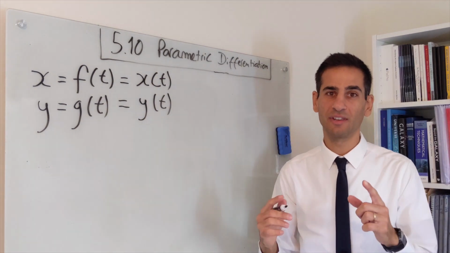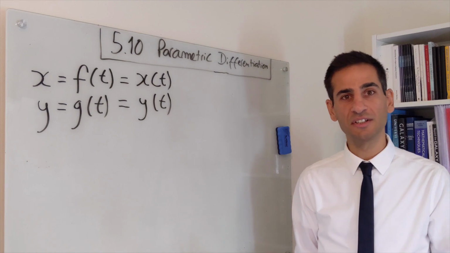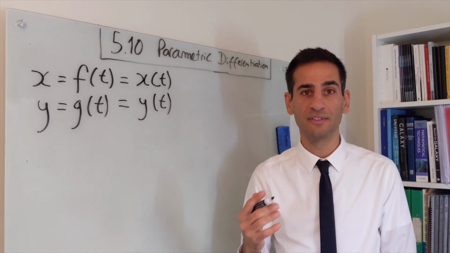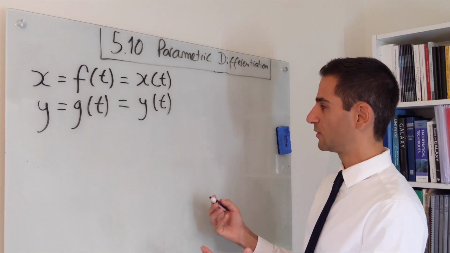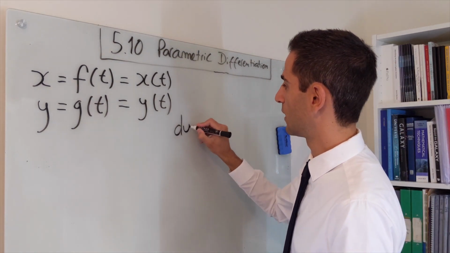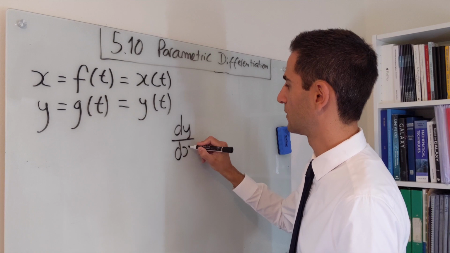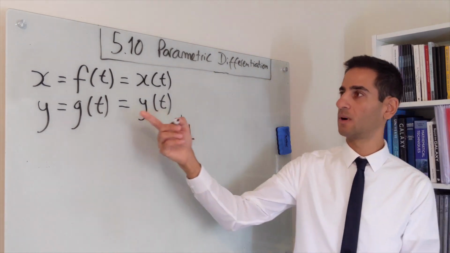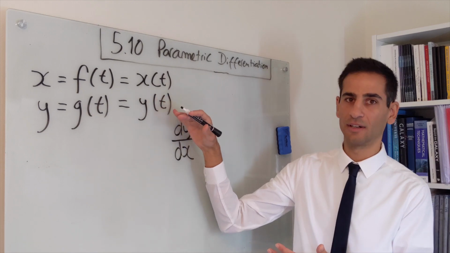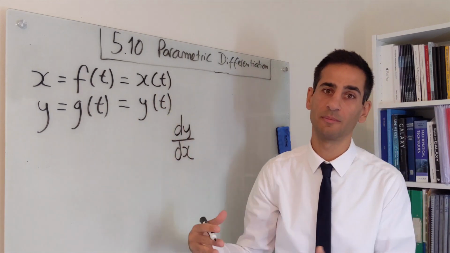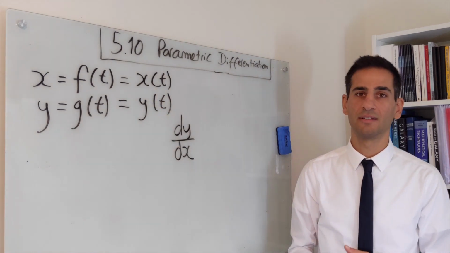A really great thing about parametric differentiation is also how intuitive it is if we use Leibniz notation. Let's say that we want to calculate dy/dx, but we don't really know how y and x are related unless we look at how they are each related to another parameter, in this case time.